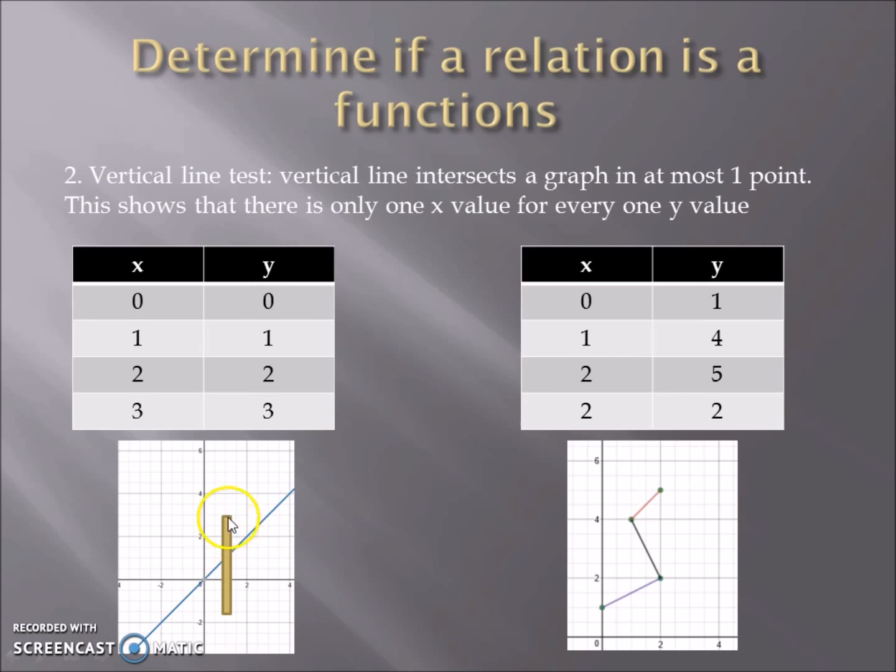Like for this line, if we put a line straight down here, we can tell that it's a function because there's only one y value that corresponds with one x value, which is here, in this point. But if we do it here, we can see that the part that we covered up with our line actually has 2 points. Unlike this part that only had 1, this part has 2 points. Which means that this isn't a function since the line covered more than 1 point.